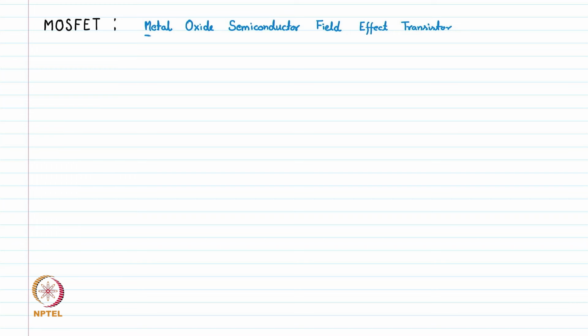So, we have this M, O, S, F, E, T. These are the initial six letters which we combine together and call the MOSFET.